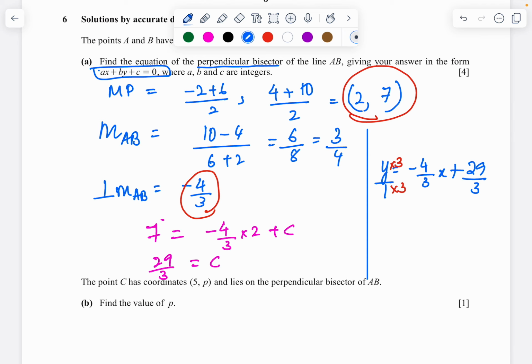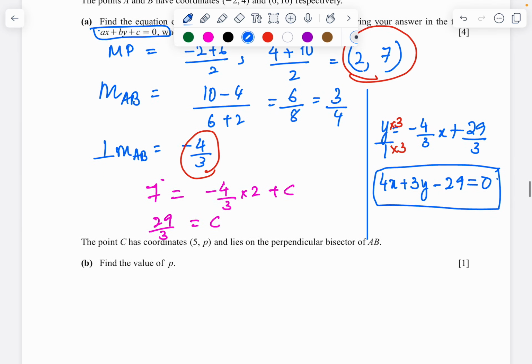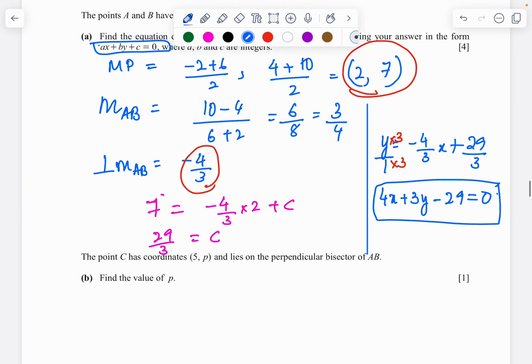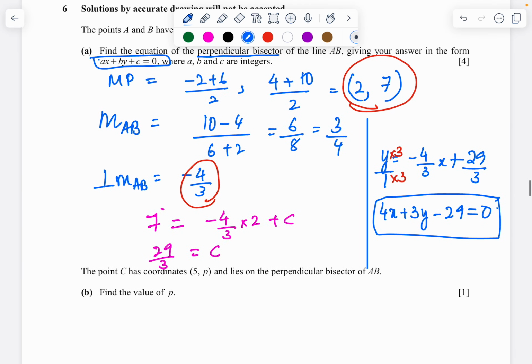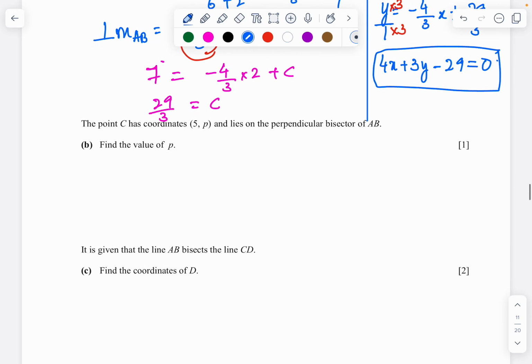So this gives me 4x plus 3y minus 29 is equal to 0. Basically you can just disregard the denominator. So you got a equal to 4, b equal to 3 and c equal to negative 29.